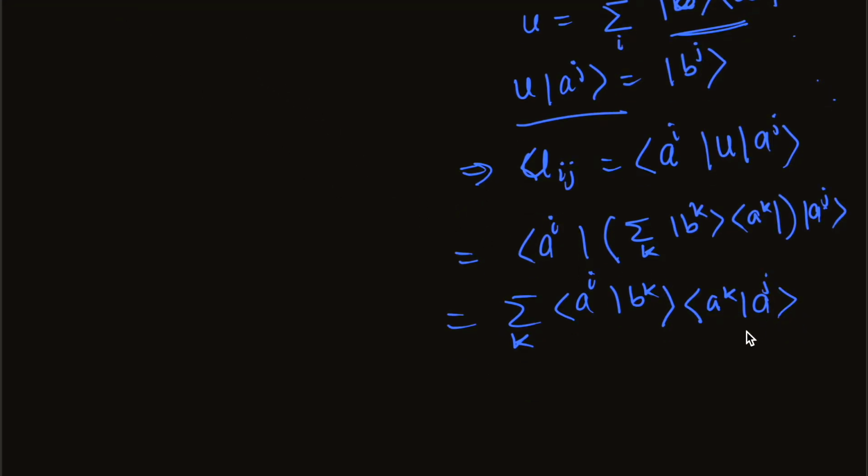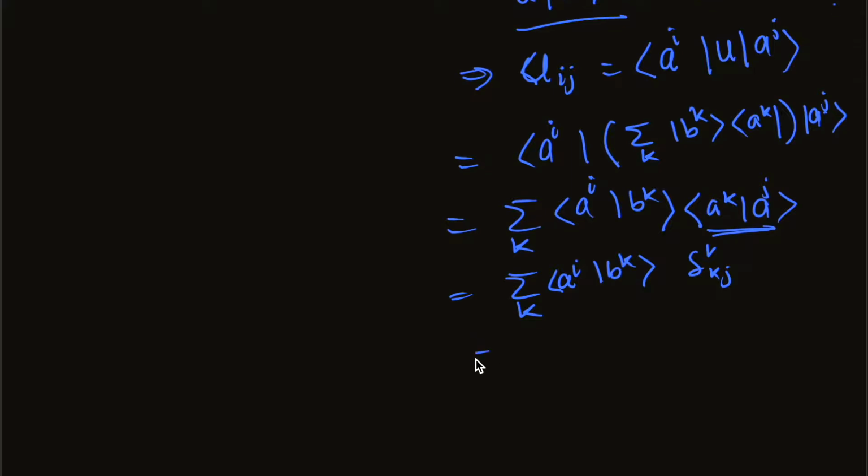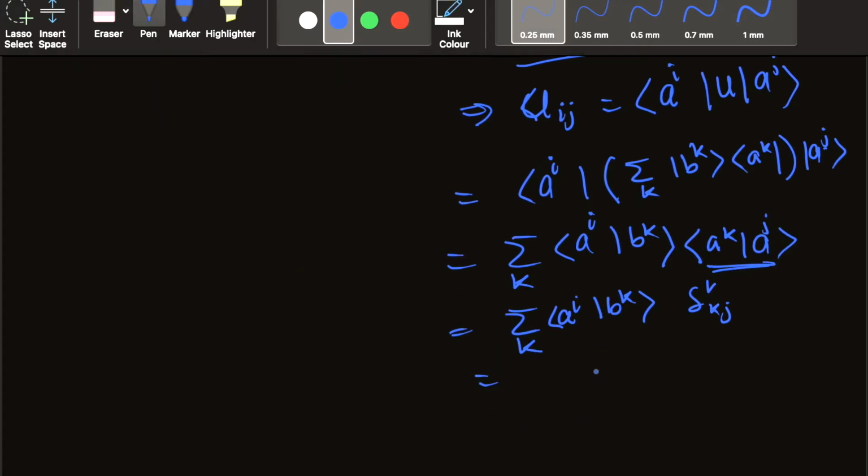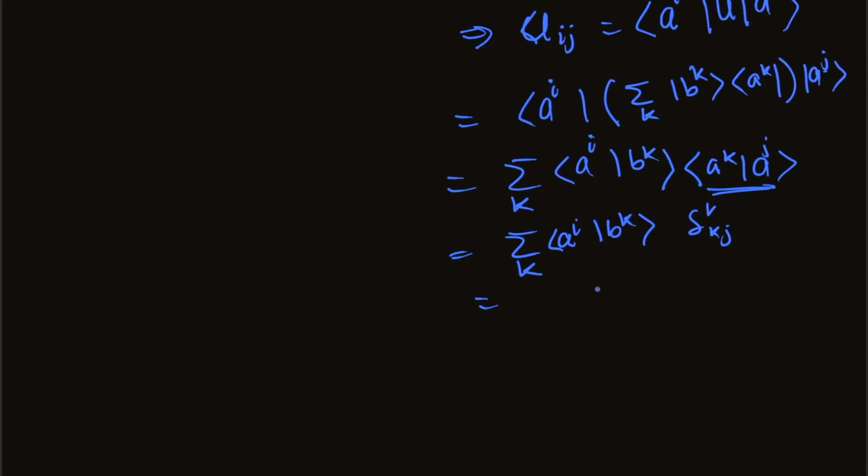So from the orthonormality relation of these eigenkets we can write that summation of k ⟨a_i|a_k⟩ is delta_kj, which is ⟨a_i|p_j⟩. We know all these elements.